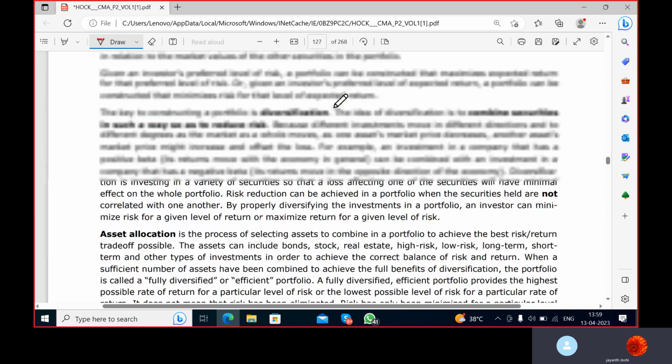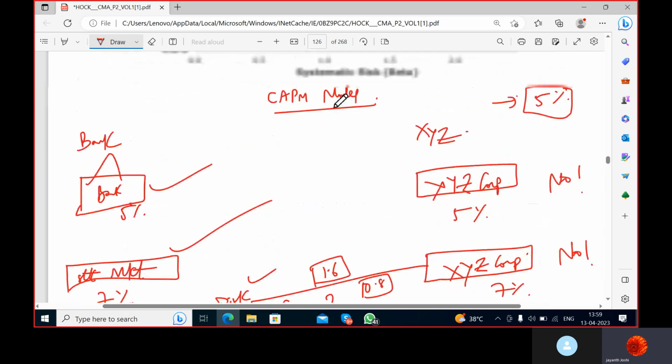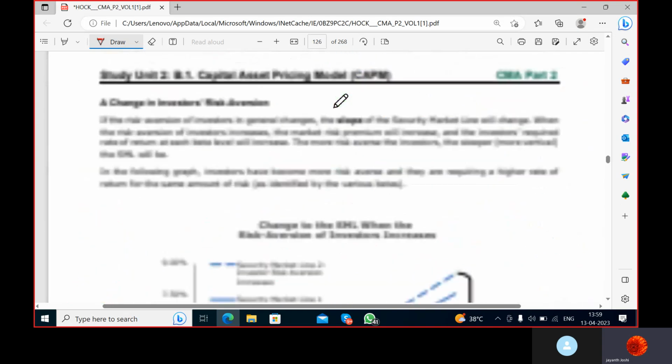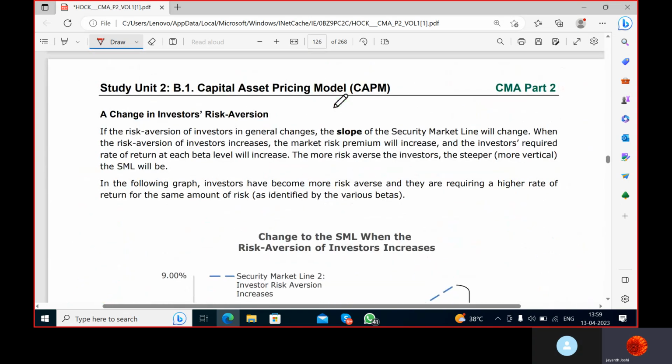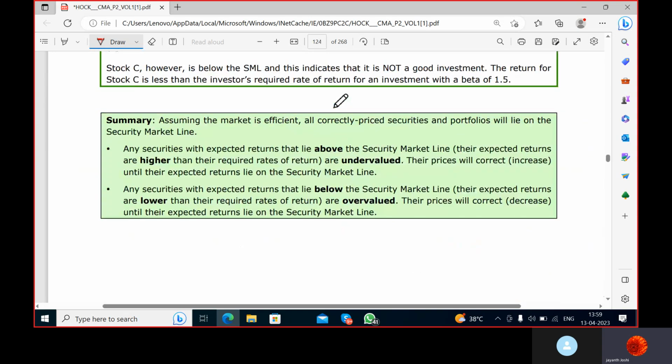There are two types of risk here: systematic and unsystematic. Systematic is the market risk, and unsystematic risk is the risk associated with a single company, and that can be reduced through diversification.